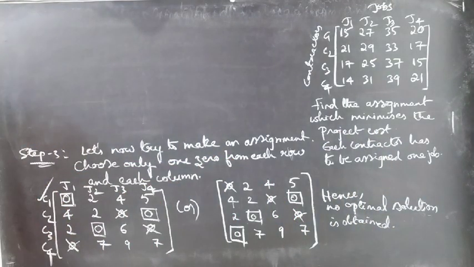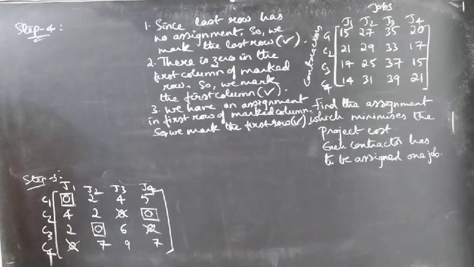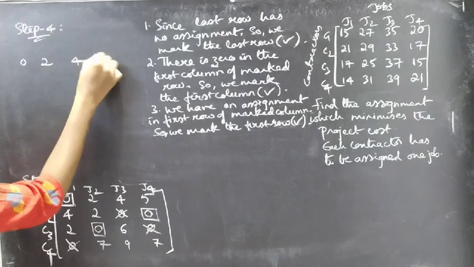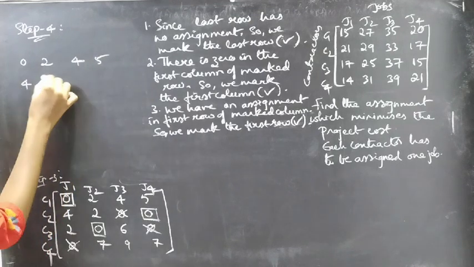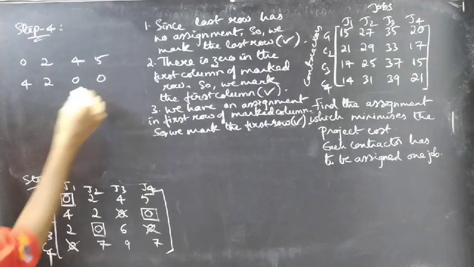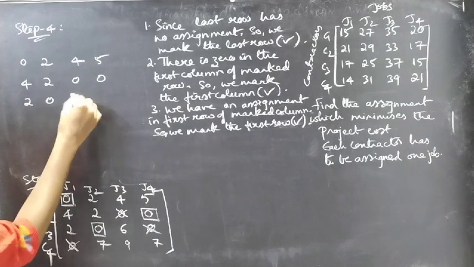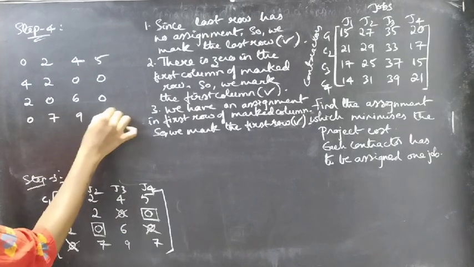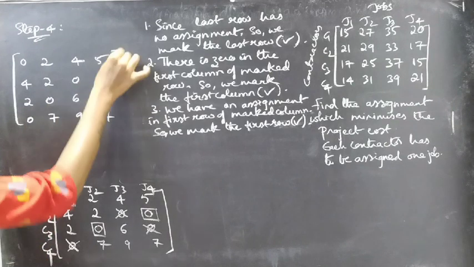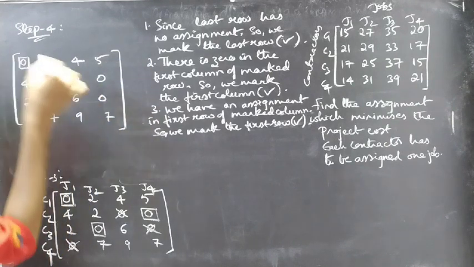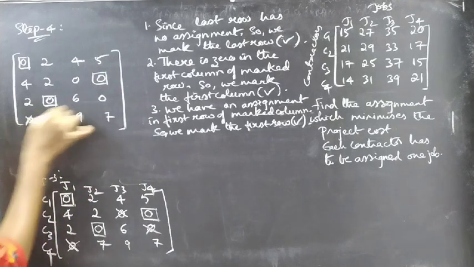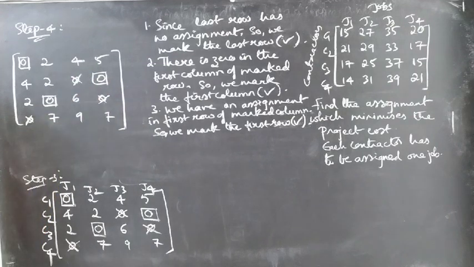Now coming to step 4. We'll take the reduced matrix of step 3: 0, 2, 4, 5; 4, 2, 0, 0; 2, 0, 6, 0; 0, 7, 9, 7. Right?